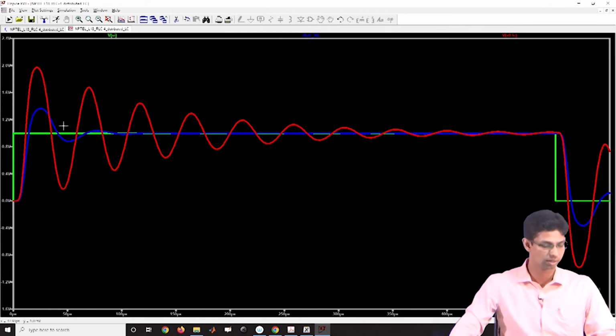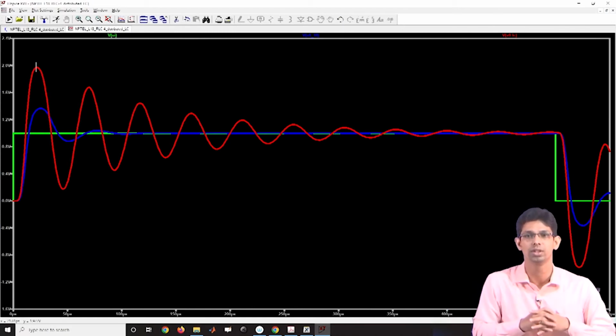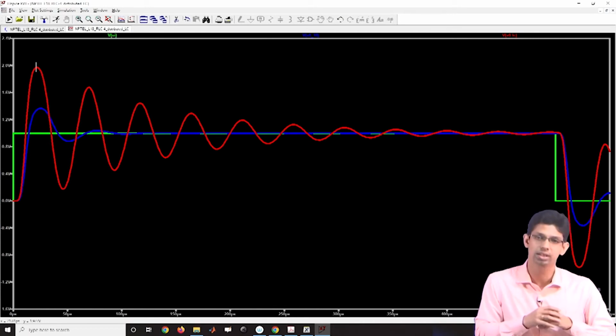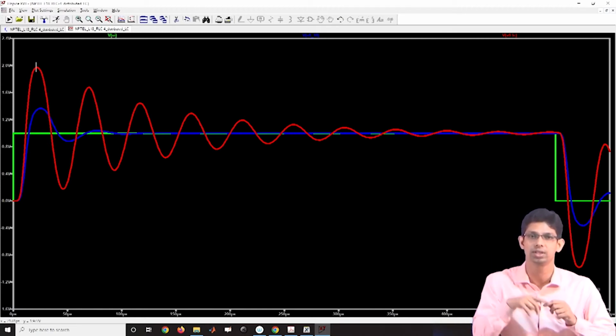Now in this case, what is our interconnect? The interconnect end is open circuit, right? So the far end is open circuit. From our analysis, what we had seen was that my V out in the open circuit case was twice V plus.